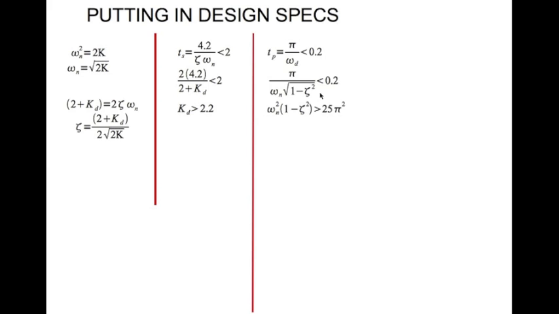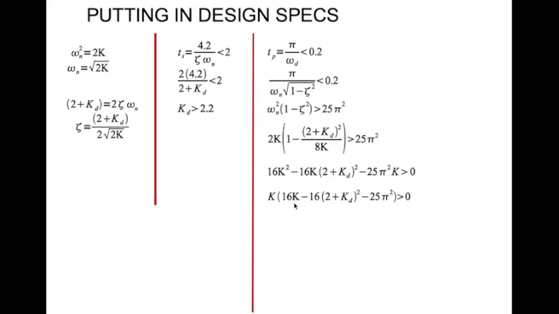So I've squared this up and moved terms around. Omega n squared times 1 minus zeta squared is greater than 25 pi squared. Then I substitute for omega n squared and 1 minus zeta squared from here. So this equation is greater than 25 times pi squared. I multiply throughout by the common denominator and bring this to this side, and I get this equation: 16k squared minus 16k times (2 plus kd) the whole squared minus 25 pi squared times k is greater than 0.